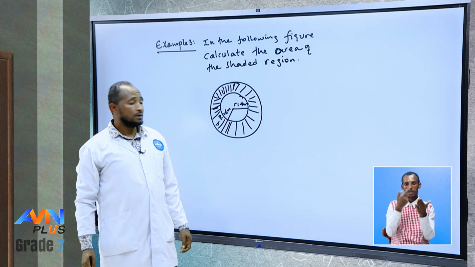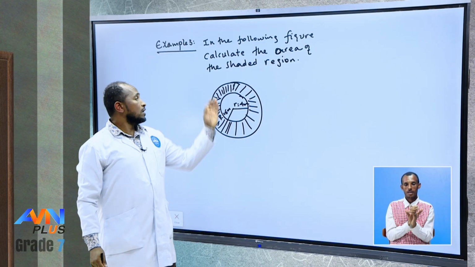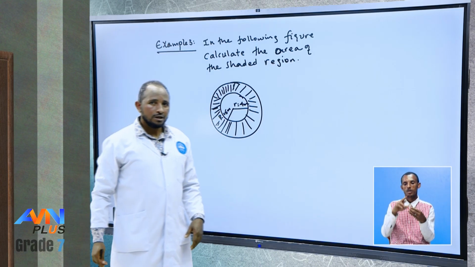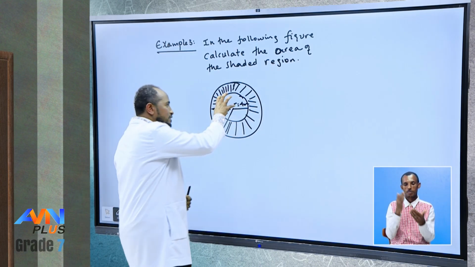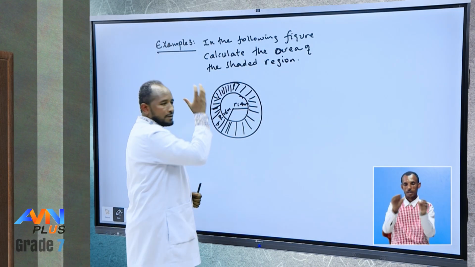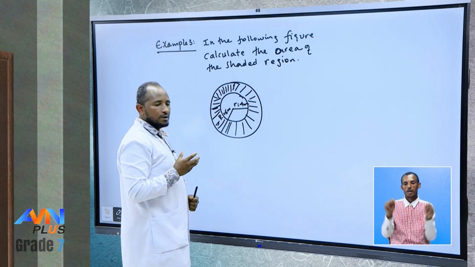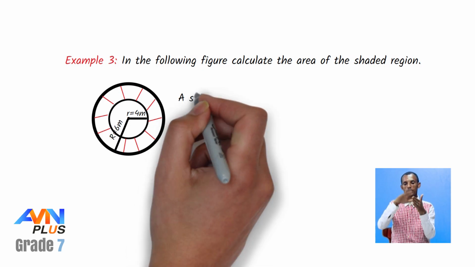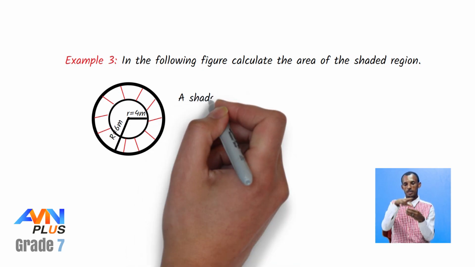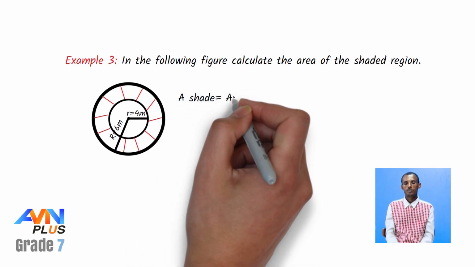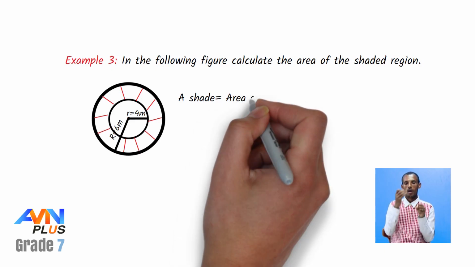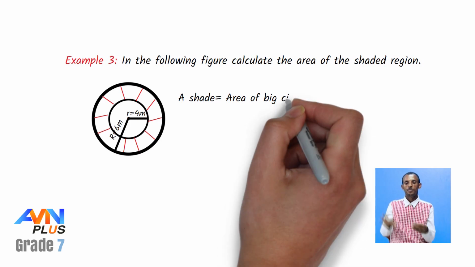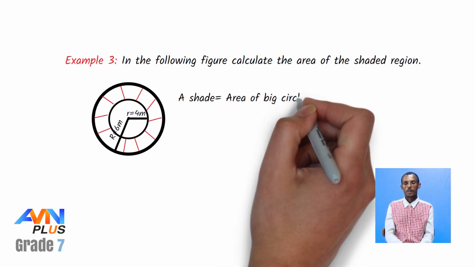Here, to calculate the area of the shaded region, you simply subtract the area of the smaller circle from the area of the bigger one. So, area of shaded region will be equal to area of big circle minus area of small circle.